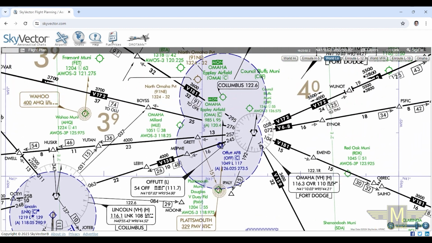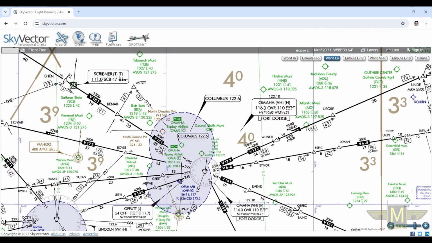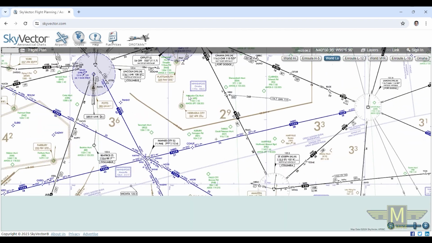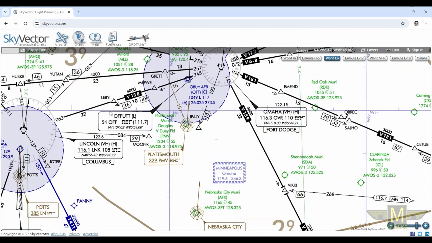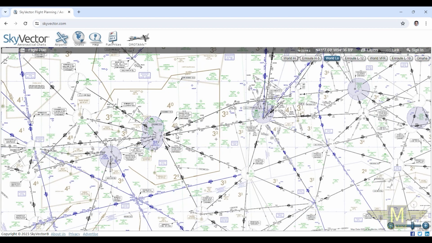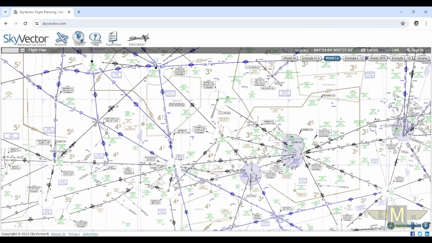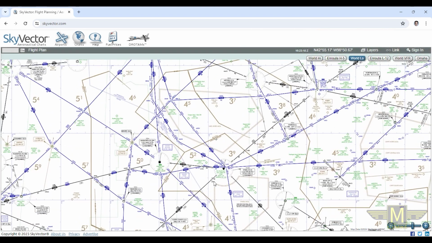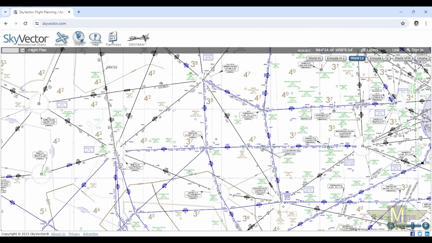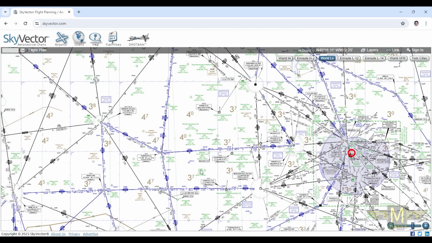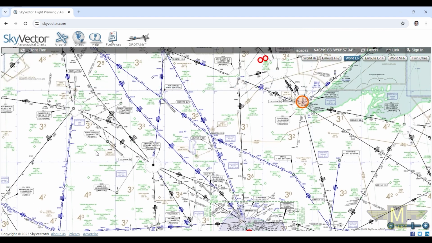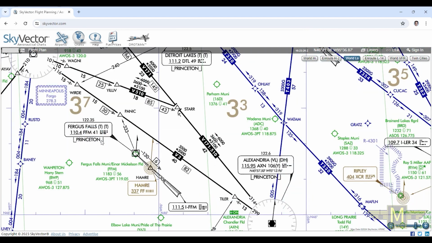One thing I guess I should mention are the shadows on some of these. Notice how these boxes here are just straight outlines, right? If you find one with a shadow, that means that the flight service station has the same name as the facility. I don't happen to see one right now, but you notice all these have other names. This is Princeton radio, right?